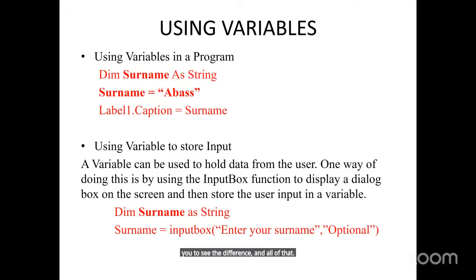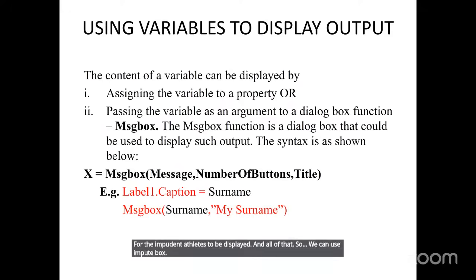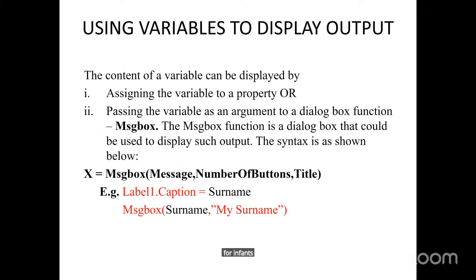So use the message box and input box. This is another way for the input and output to be displayed. We can use the input box for input, and we can use the message box to output the value.